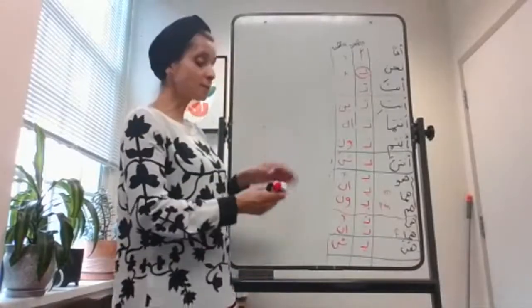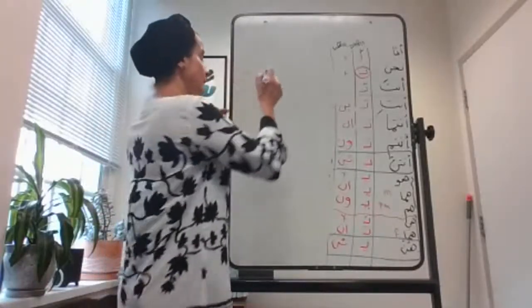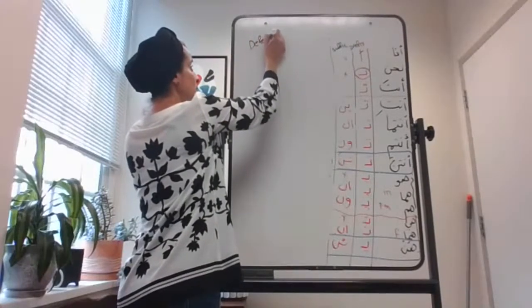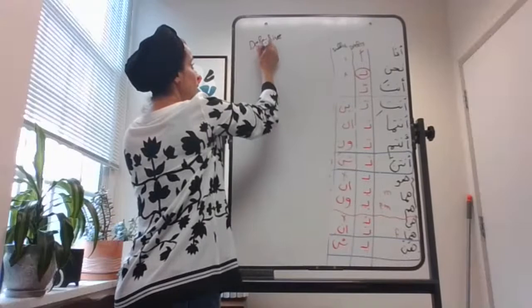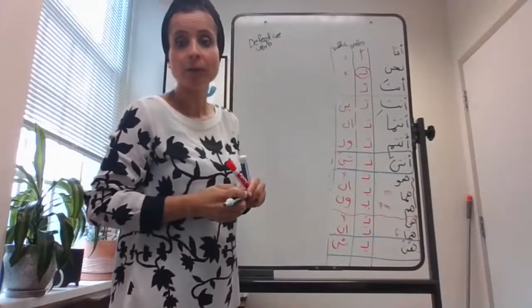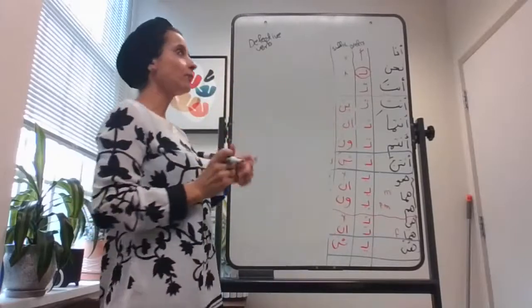Okay, the last type of verbs in the Arabic language is the defective verbs. Defective verbs, the verb whose third root is a vowel, means the vowel is at the end, the last letter.